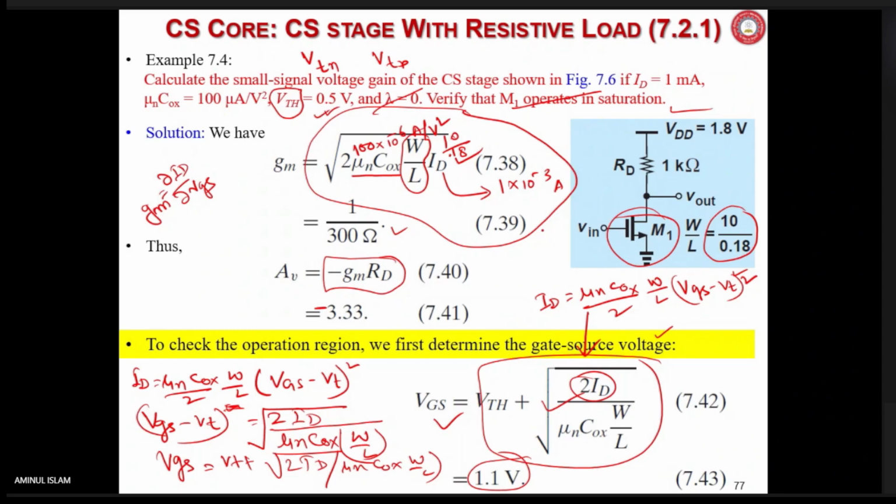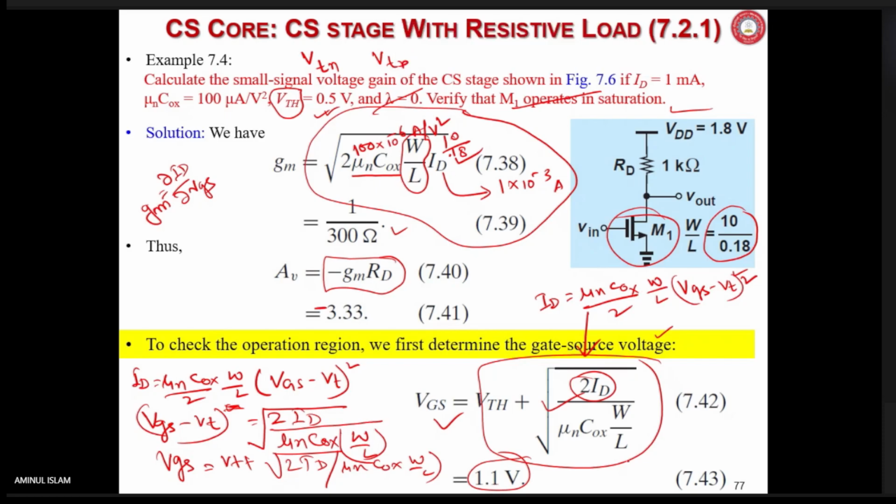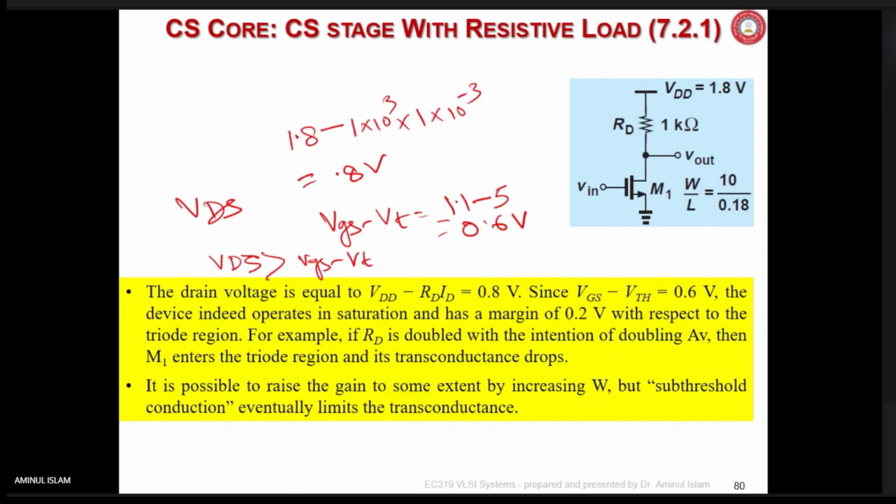So VGS minus VT is what? 0.6 volt, right? VGS is 1.1, VT is 0.5, so 0.6 volt. And VDS is what?